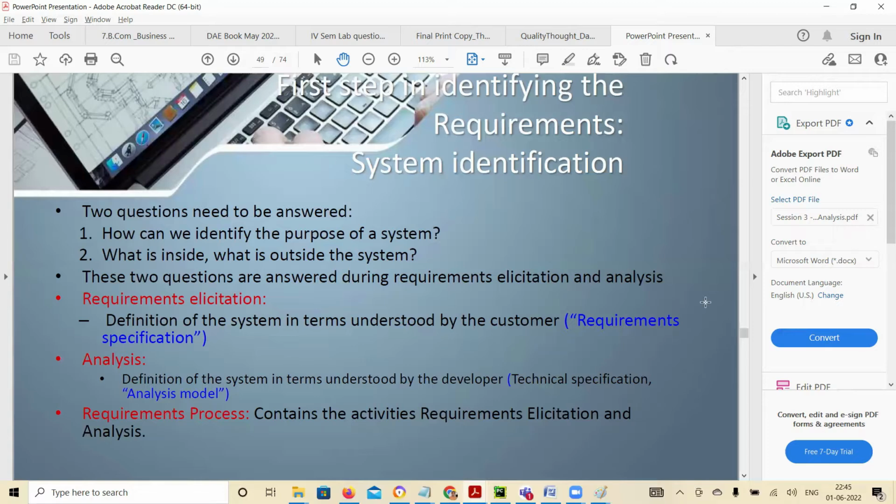Okay. That I understood from that line. So what do you read here? Definition of the system in terms understood by the customer.